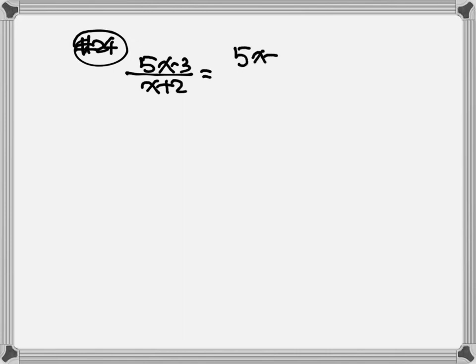So number 24 here, we have 5x minus 3 over x plus 2 equal to 5x minus 1 over x plus 3. Now you can see we have a fraction on each side of the equation. So all you need to do for this, you don't need to find the common denominator. You just do the cross multiplication.